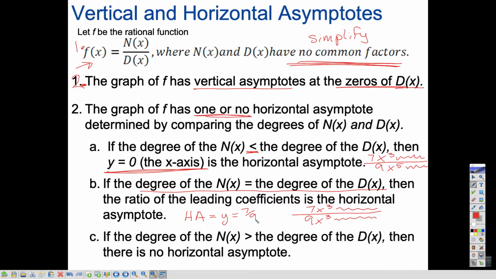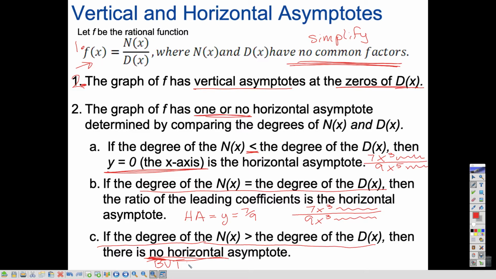Okay, the last one. If the degree of the numerator is greater than the degree of the denominator, there is no horizontal asymptote. But I want you to write a big capital "but" right under here, and leave yourself two or three lines.